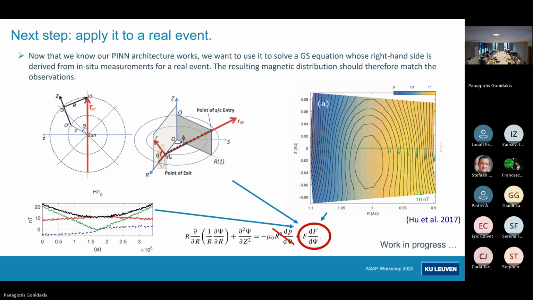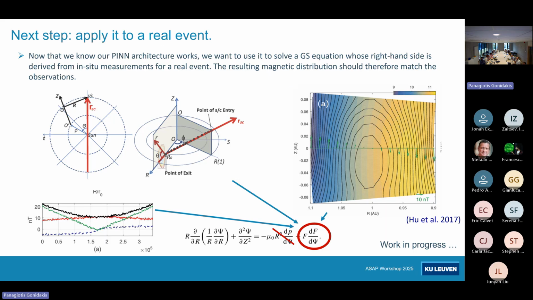So the idea is, if you have a spacecraft, it will have some measurements of the magnetic field, for example, Wind, and by doing some very complicated steps, in fact, we can determine the 2D flux along the trajectory of the spacecraft.